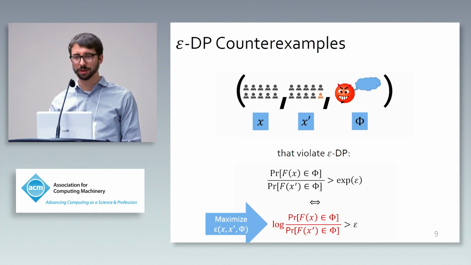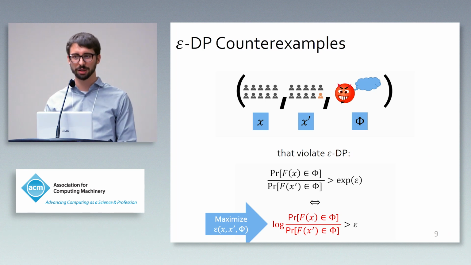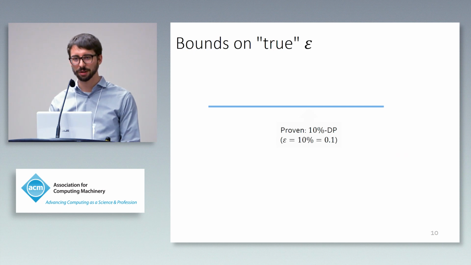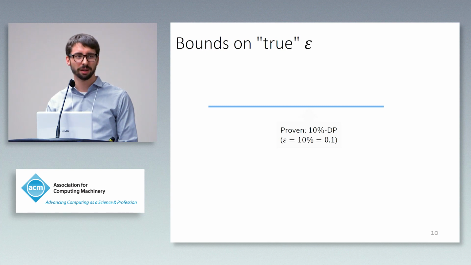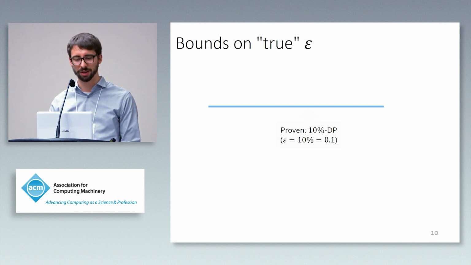And in this work, we're trying to maximize this log ratio, which we call in the remainder of this talk epsilon depending on x prime and phi. The way you should think about this work is in terms of bounds on the true epsilon. Let's say we have some kind of algorithm where we have a proof that this algorithm satisfies 10% differential privacy.